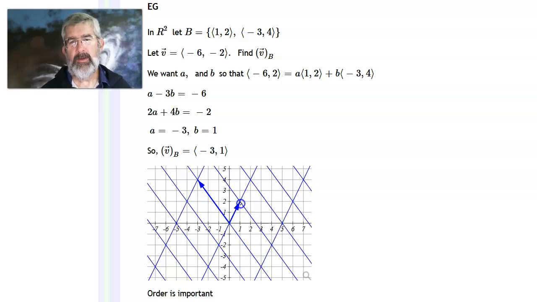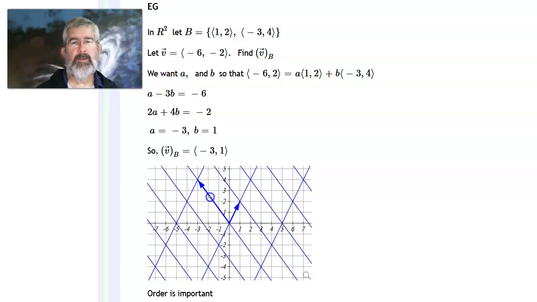And then I've got a grid based on, move over 1 in the direction of the first basis vector, and then draw a line in the direction of the other one, and then move over 2 and draw that line, or move in the direction of the second basis vector and draw a line in the direction of the first basis vector. So you get this grid of squares for the standard unit vectors there for the basis.